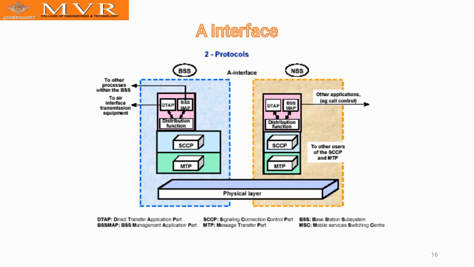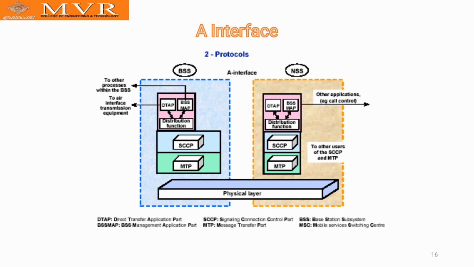The interface A acts between BSS and NSS. Here the BSS contains DTAP. DTAP means direct transfer application part. The distribution function occurs by using DTAP over the air interface transmit equipment.